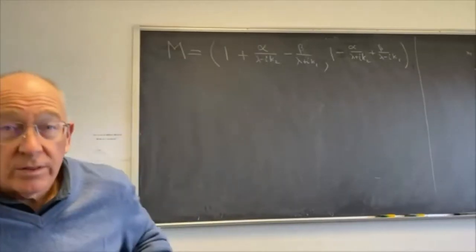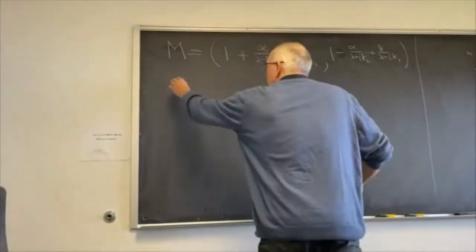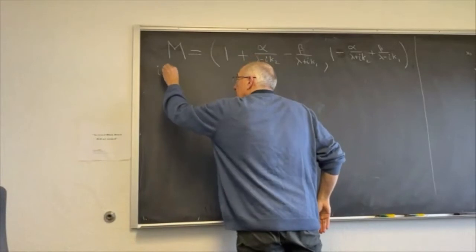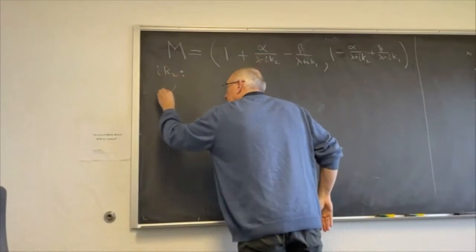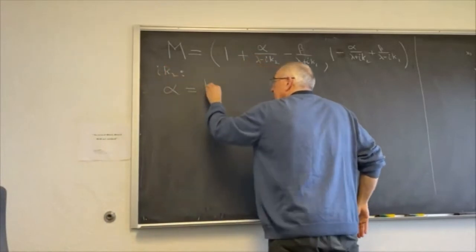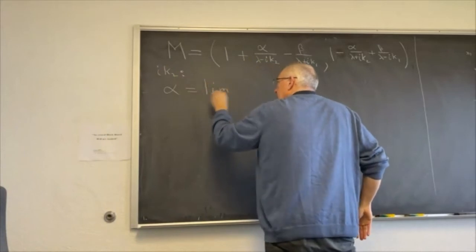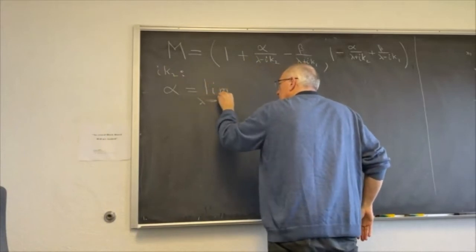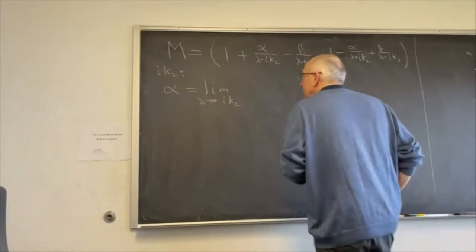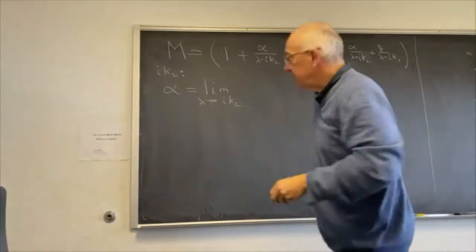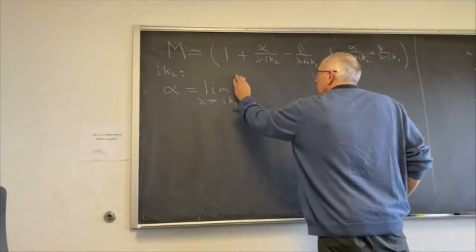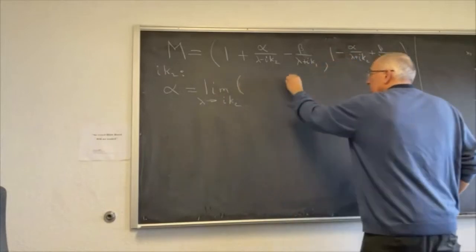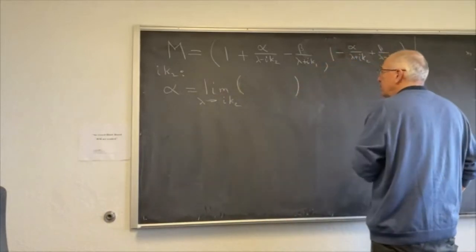and just write down what the equation looks like. So this is at iK2 of alpha, and then it should be essentially a limit as lambda approaches iK2 of M2. So inside this parentheses, I'm going to put M2.